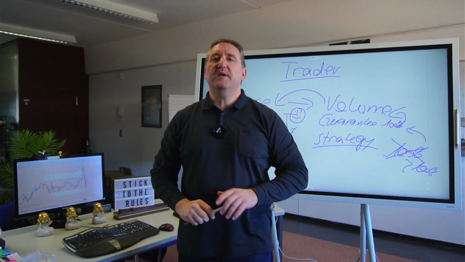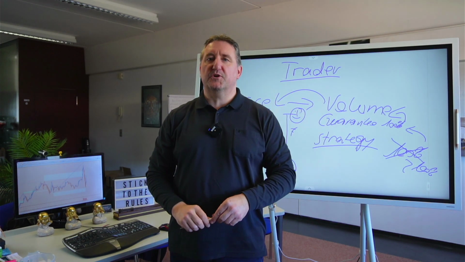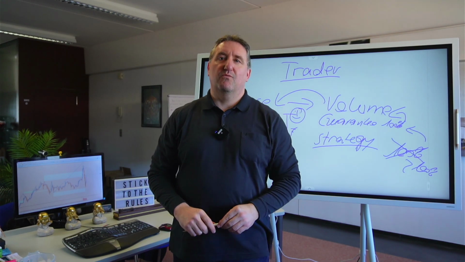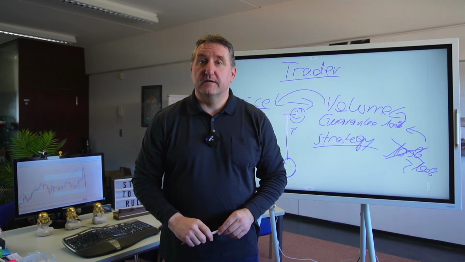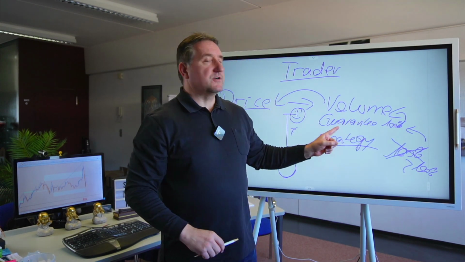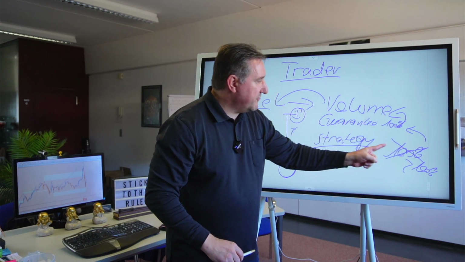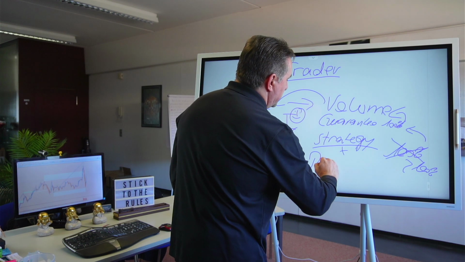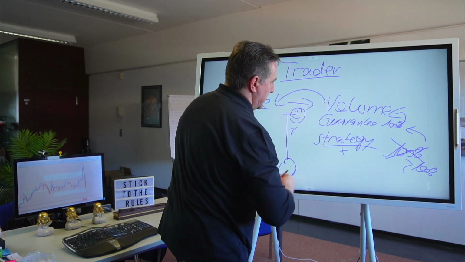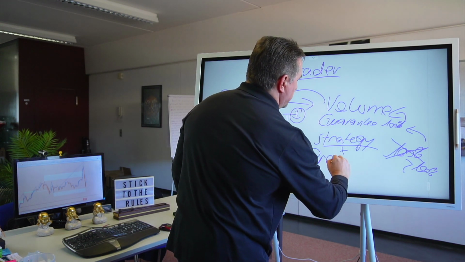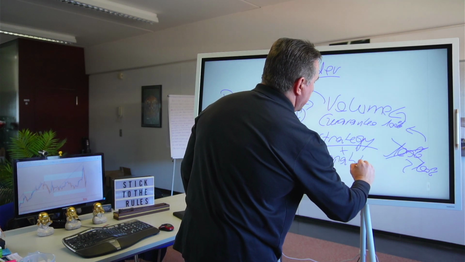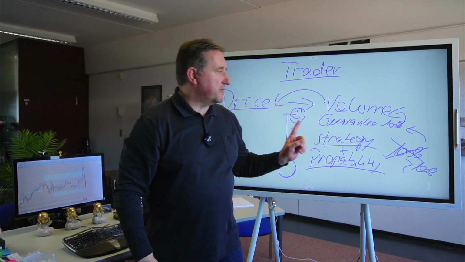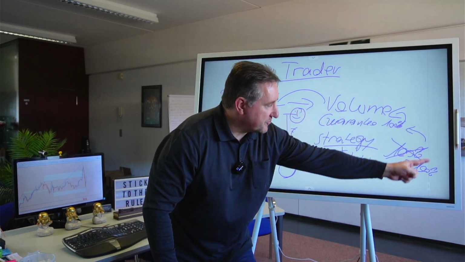And what does it mean if you have less than 100%? There is no guarantee. And here we come to another wonderful word. If you have to work with a strategy, you have to work with probability.